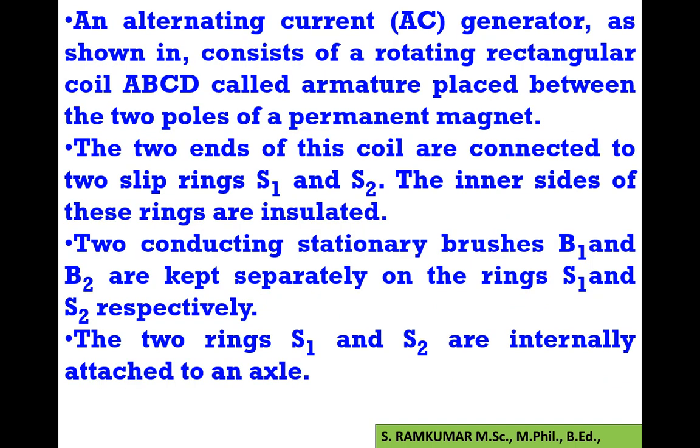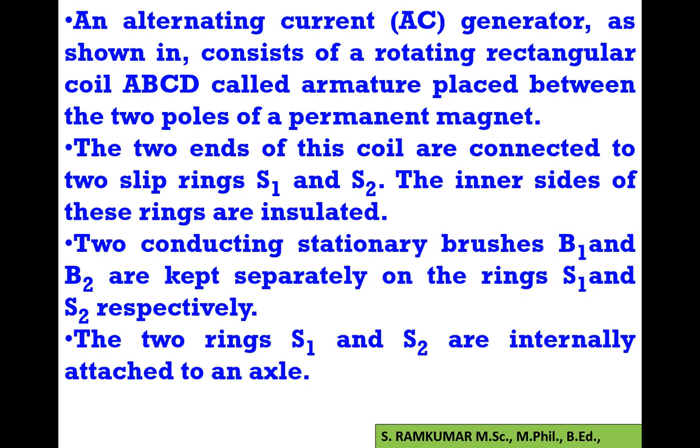Explanation. An alternating current generator, as shown in the diagram, consists of a rotating rectangular coil ABCD called armature placed between the two poles of a permanent magnet. The two ends of this coil are connected to two slip rings S1 and S2. The inner sides of these rings are insulated.